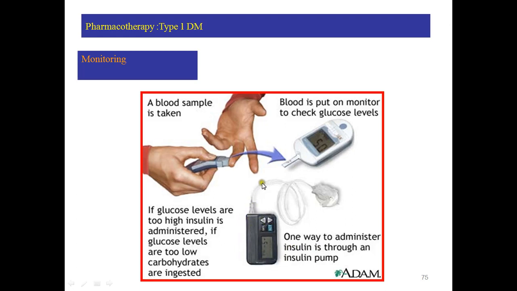Then it has this transducer, and this is the sensor which is attached to the body and senses the glucose levels. This is a smart thing. The insulin pump is very smart. If the sugar levels are falling, it will beep and stop automatically, or it will beep and advise the patient to stop the insulin.